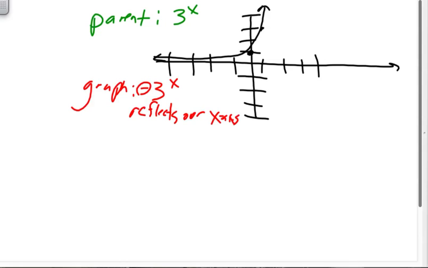So I just take all my points and reflect them over my x-axis. It's going to look like this. It should go through negative 3 instead of 3. So that's that one.